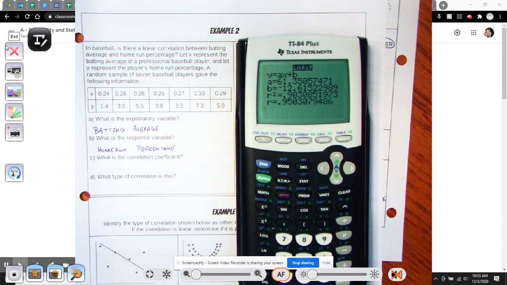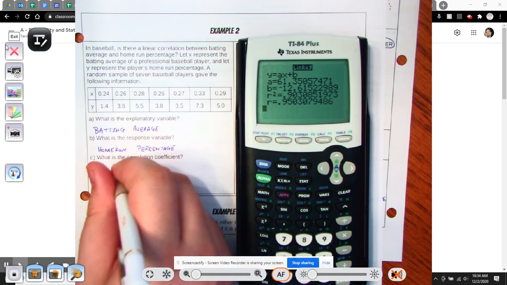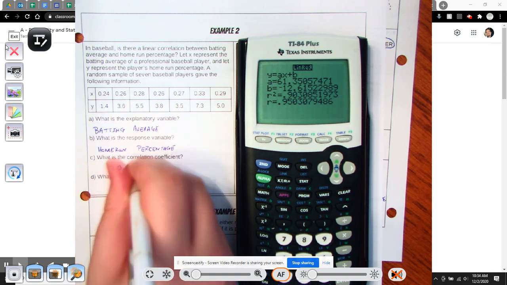I'm going to talk about the top 3 lines in the second guided notes for unit 3. But what we need is this R. The R value is our correlation coefficient. So our R is 0.95.